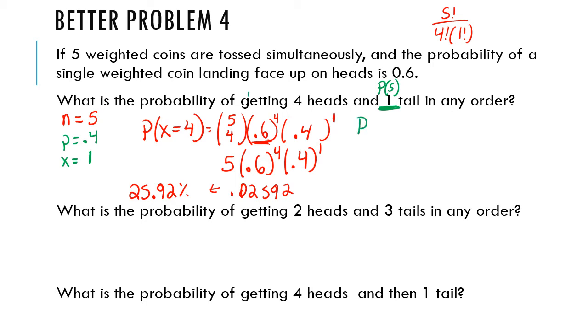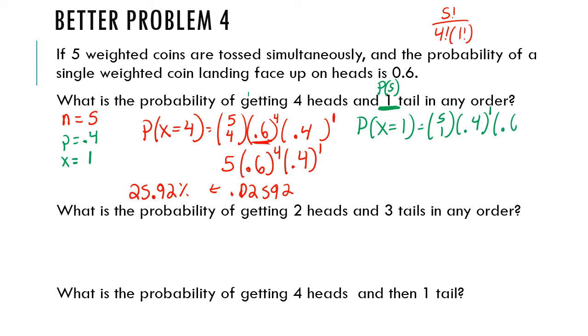So if I do the probability of x equals 1, where I have my 5 choose 1, so this is my binomial coefficient, times 0.4, once again, we're going to take the number that I'm trying to get success for, which is 1 time, because I just want 1 tails.